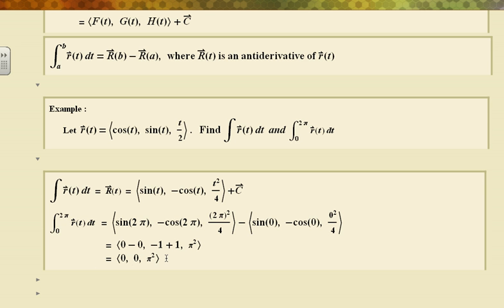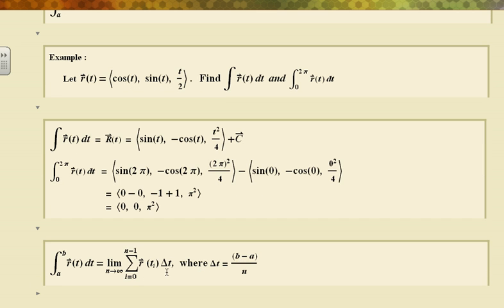So again, out of that vector function, if we integrate, even if it's bounded, we should get a vector back out. Now really, these are not too hard computationally, as long as you know how to do the integrals. You're just doing the 3 separate integrals, and plugging in the bounds if it's a bounded one. But really what's going on behind the scenes is this limit definition of our integrals. So this integral from a to b of r of t dt is the limit as n goes to infinity of the sum of these r of t_i.